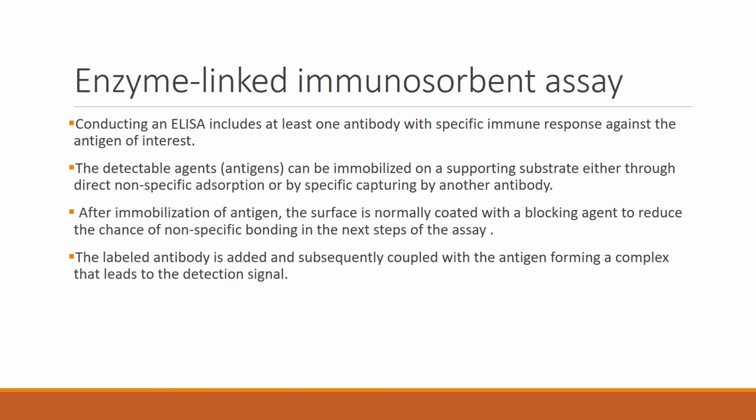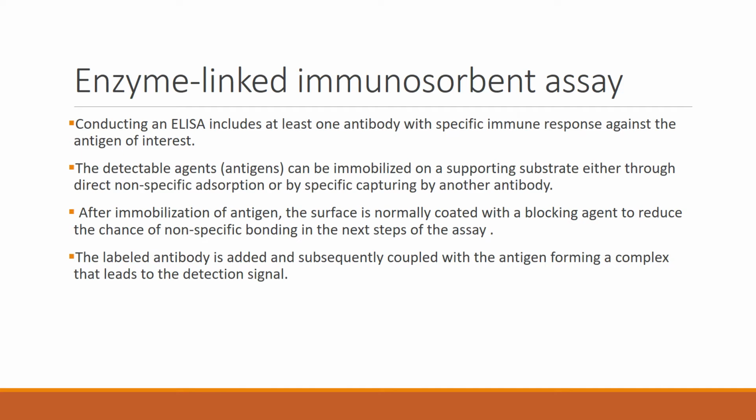Enzyme-linked immunosorbent assay. Conducting an ELISA includes at least one antibody with specific immune response against the antigen of interest, which means the antigen we are detecting. The detectable agents, which can be antigens or antibodies, can be immobilized on a supporting substrate either through direct non-specific adsorption or by specific capturing by other antibodies, which we see in sandwich ELISA.